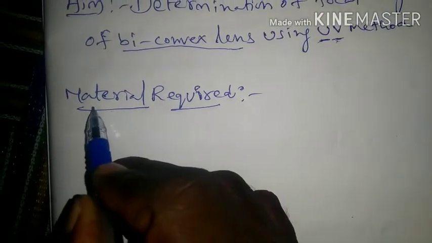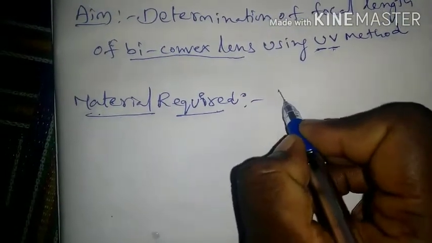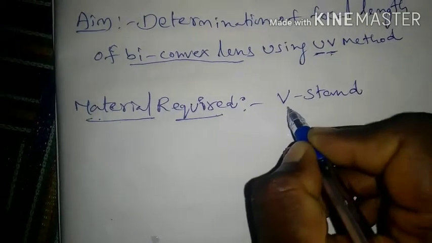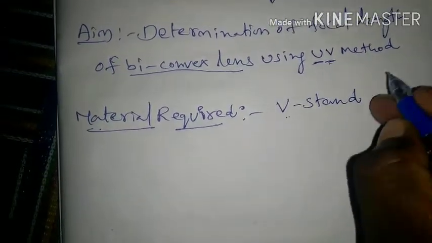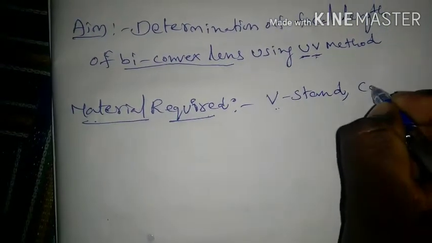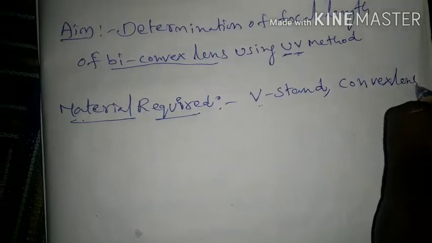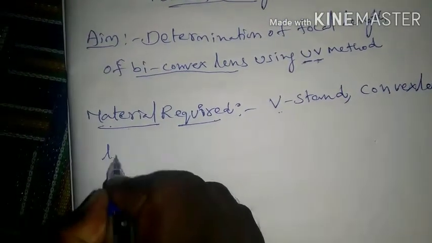Next one, material required. First one, V stand. V stand is a V shape. Next one, convex lens. Double convex lens. Next one, light source.